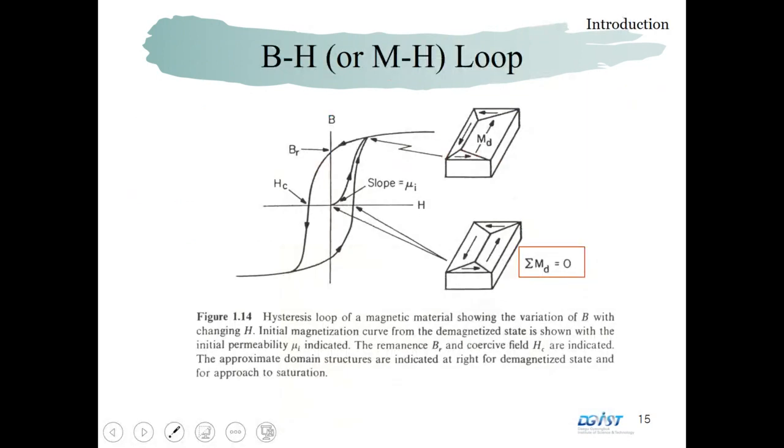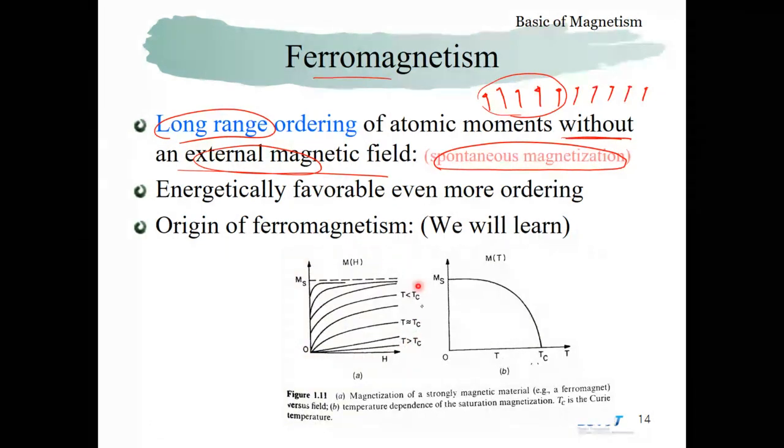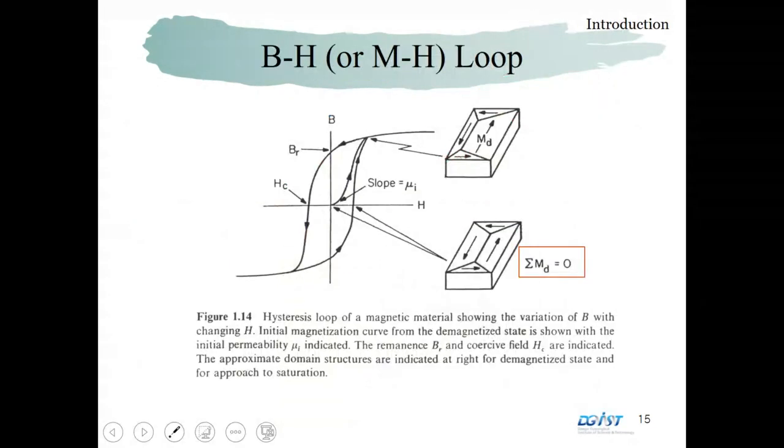Okay, and here, please keep in mind this graph, this class. And the next one is also the response to the external magnetic field, the B field, that's the sum of the external field plus the magnetic moment.